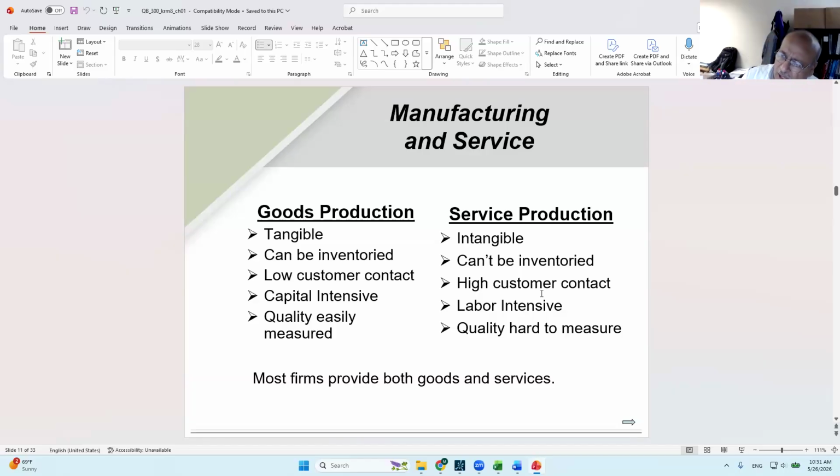What kind of electronic system, AI system, that they want. You need to ask the customer to get that information. Goods production is capital intensive. Service production is labor intensive. You understand, you need good quality engineers to do the modifications.